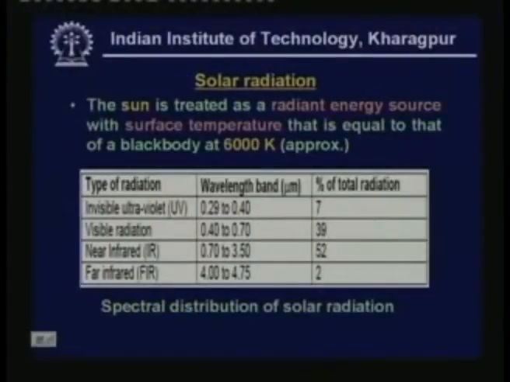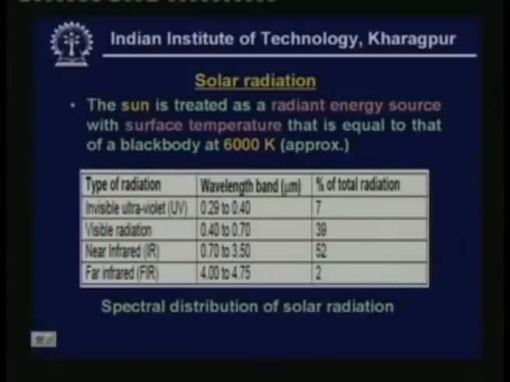First let me give a very brief introduction to solar radiation. As you know very well, the sun, which is nothing but a star, is treated as a radiant energy source with surface temperature that is equivalent to that of a black body at 6000 Kelvin. Now the spectral distribution of solar radiation is given in the table here.